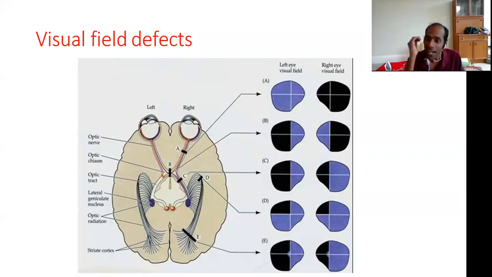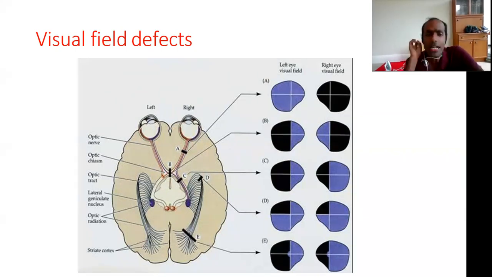Number one, a vascular lesion or an infarction of the occipital cortex. The other one is a destructive process in the occipital cortex, like a tumor, for example. A tumor, a destructive lesion in the occipital cortex. These two are different. Why?